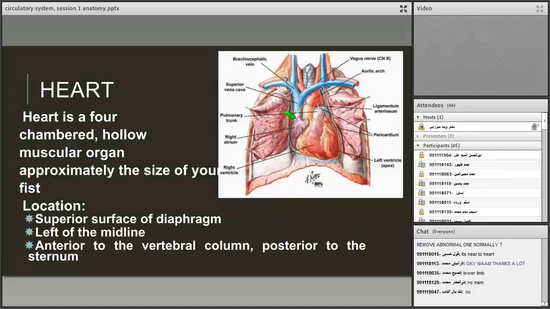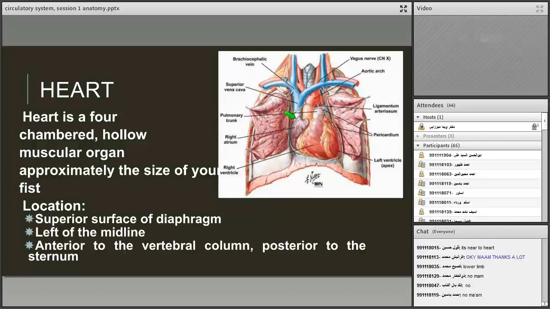Okay, so I will explain again that the one-way valves are just present in the lower limb, not in hands, and their presence is because of the direction of the blood in veins.